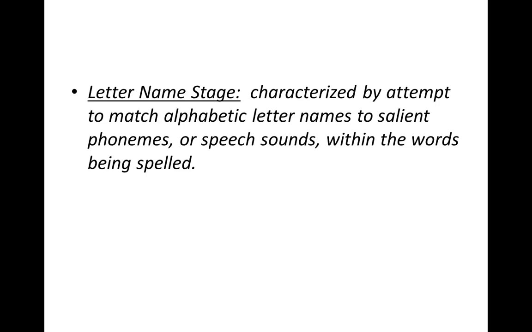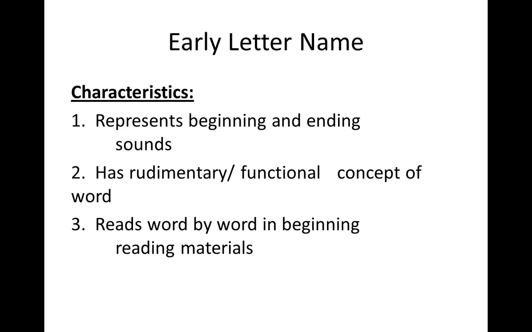Now, it's important to understand this is typically ages 5 to 8, although a beginning reader and speller, even as the book points out, you could be 50, 55 years old, but beginning to learn English, that you could be within the letter name stage. So we often see this with some of our English language learners, even though they may be older, they may be within the letter name stage with regard to spelling.